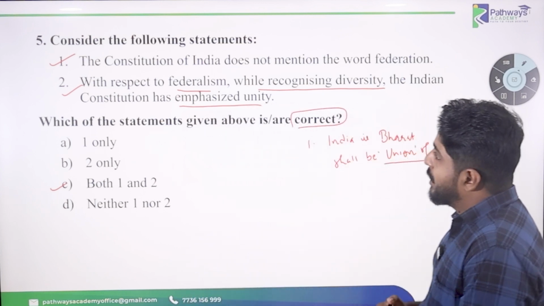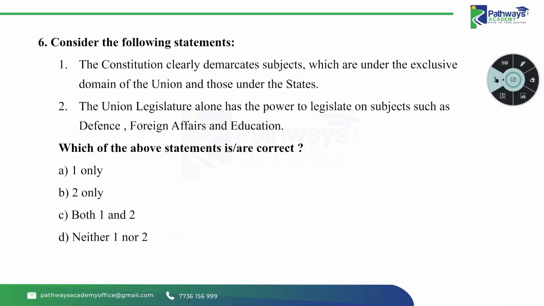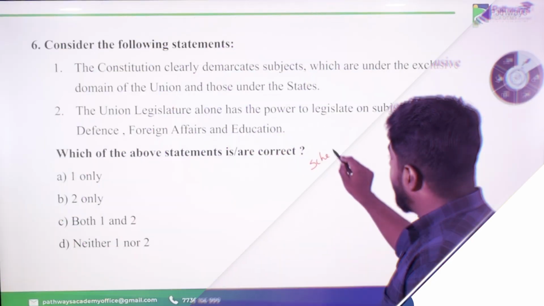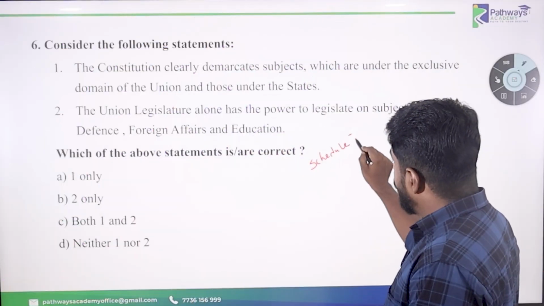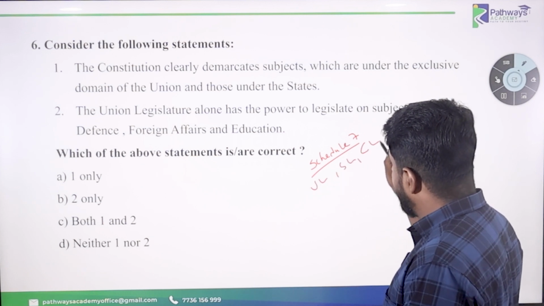Okay, very good. The next question, question number 6. Consider the following statements. The Constitution clearly demarcates subjects which are under the exclusive domain of the Union and those under the states. Does the Constitution clearly demarcate? Yes, in Schedule 7 of the Indian Constitution, you have the Union list, state list, and concurrent list.